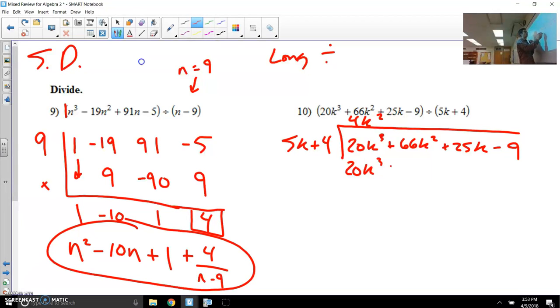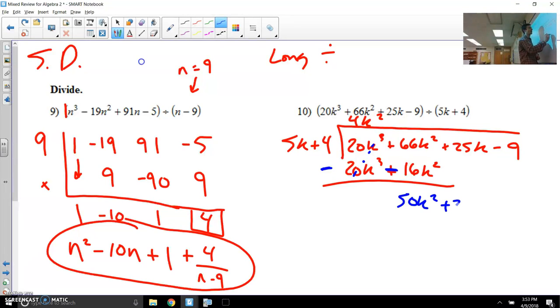4k squared times 4 is 16k squared. And then I'm going to subtract each of these numbers. These kind of cancel. 66 minus 16 is 50k squared. Drop the next term, 25k, and start the process over. 5 goes into 50 10 times.